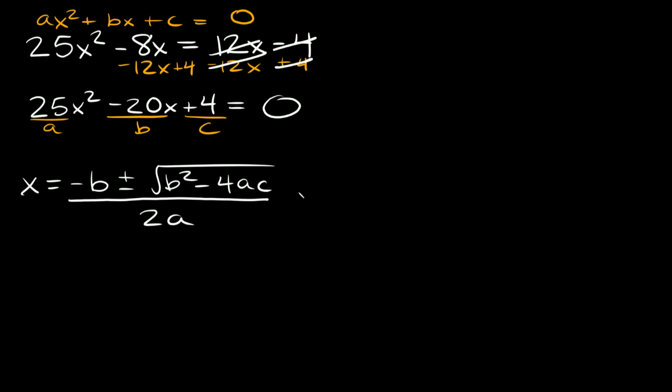All right, so then we're going to get that x is equal to, let's see, what's b? So b is equal to negative 20, right? So here we already have a negative sign in our formula, so bring that over. And then again, b is negative 20, so we're going to plug in a negative 20 right there for b. And then we're going to get plus or minus the square root of b squared.